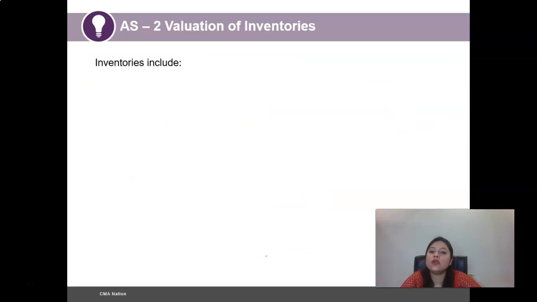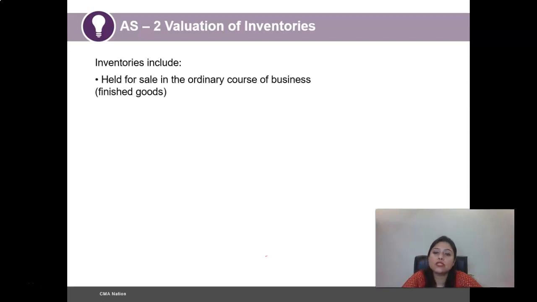And what all does inventory include? Finished goods held for sale in the ordinary course of business would be regarded as inventory or stock.